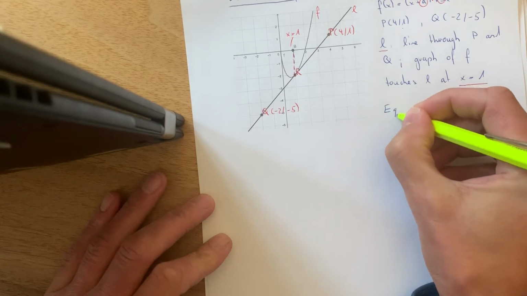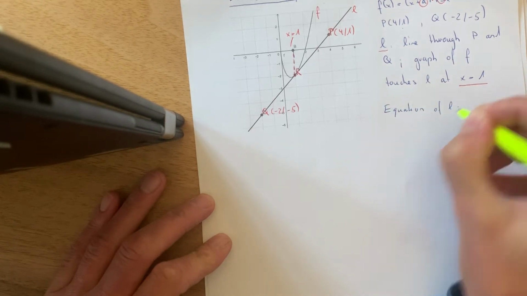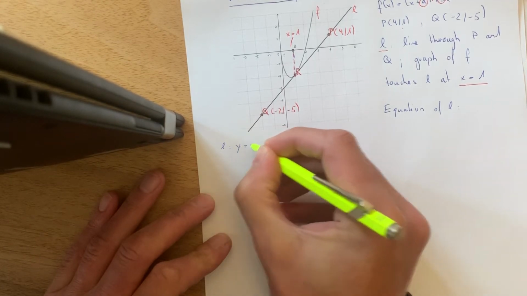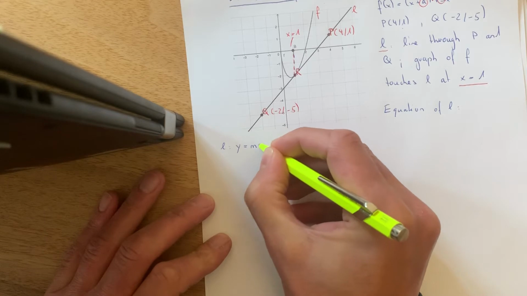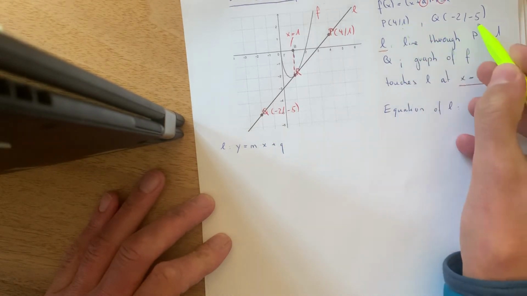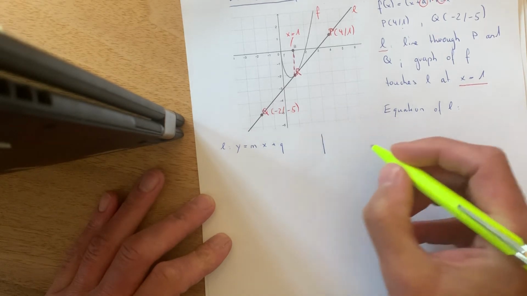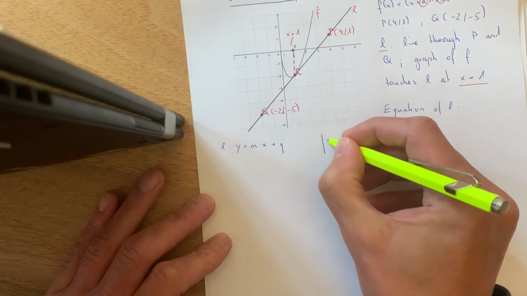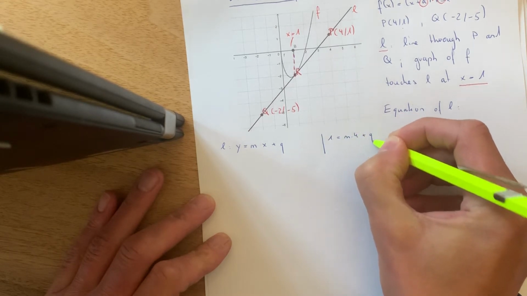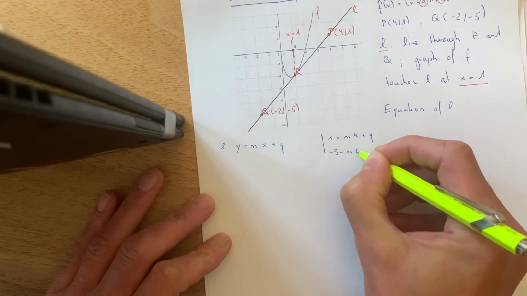So we start with the equation of L. Okay, L is a straight line, so L has an equation of the form y equals m times x plus q. We have the 2 points lying on that straight line, so we can plug the 2 points into the function equation of L to generate a system of equations like this and like this.